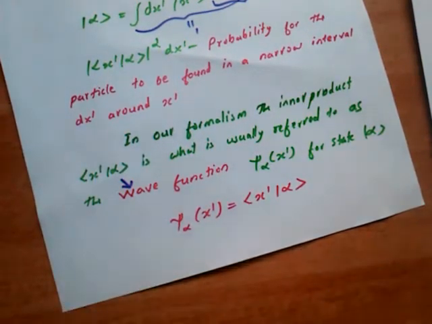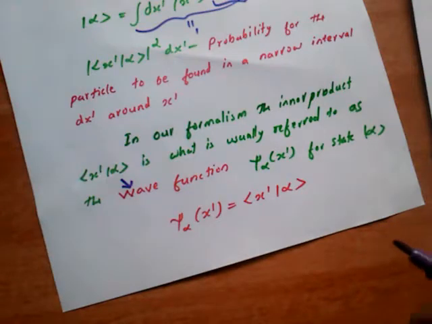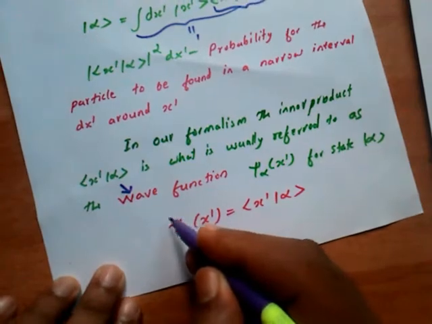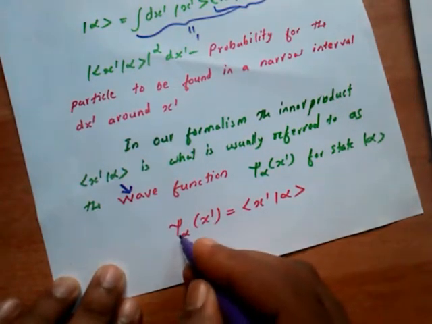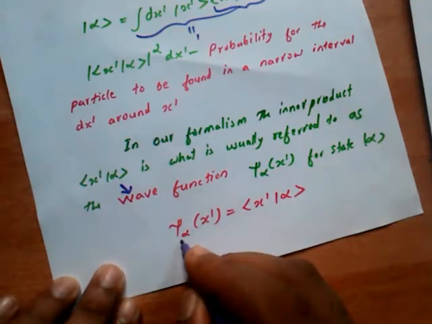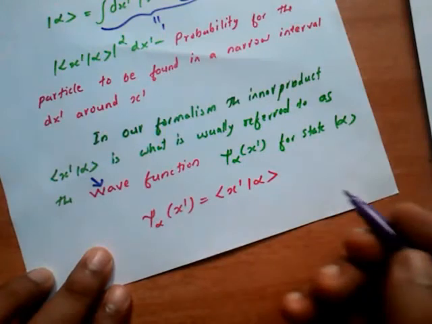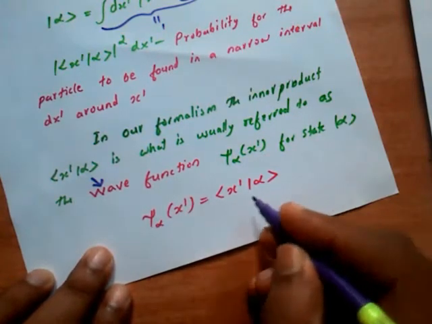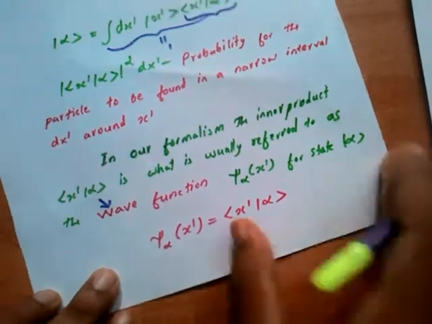Earlier we said the probability of finding a particle, or a midfielder at a particular position, is the square of the mod of the wave function. And the position wave function is defined as psi alpha of x dash equal to inner product of x dash alpha.